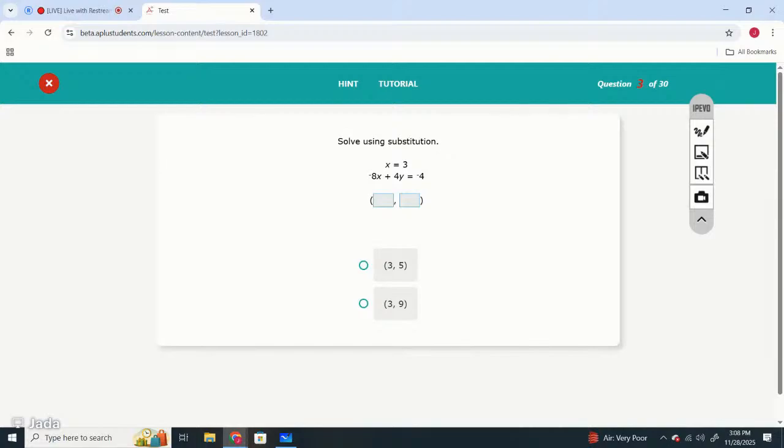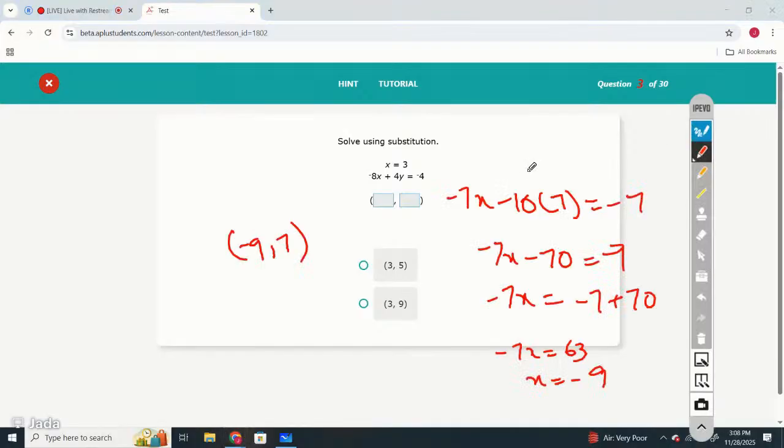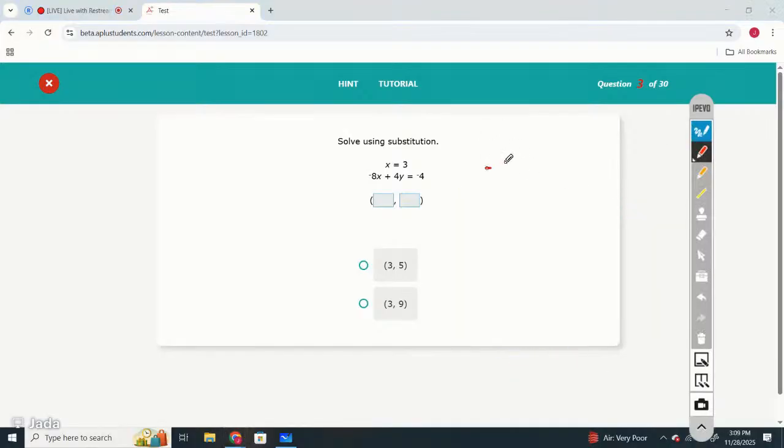Solve using substitution. So x equals 3. So replace the variable x with the value 3, like substitute the variable x with 3, that is negative 8 times 3 plus 4y equals negative 4.